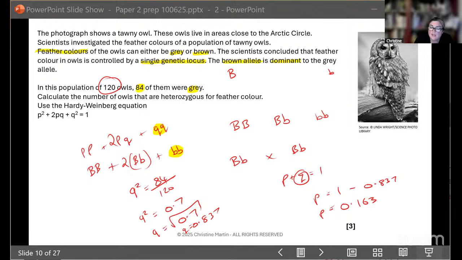So now I need to look at the question. It says heterozygous. So I know heterozygous is 2pq. So therefore, 2pq equals 2 times 0.163 times 0.837, which equals a total of 0.27862.